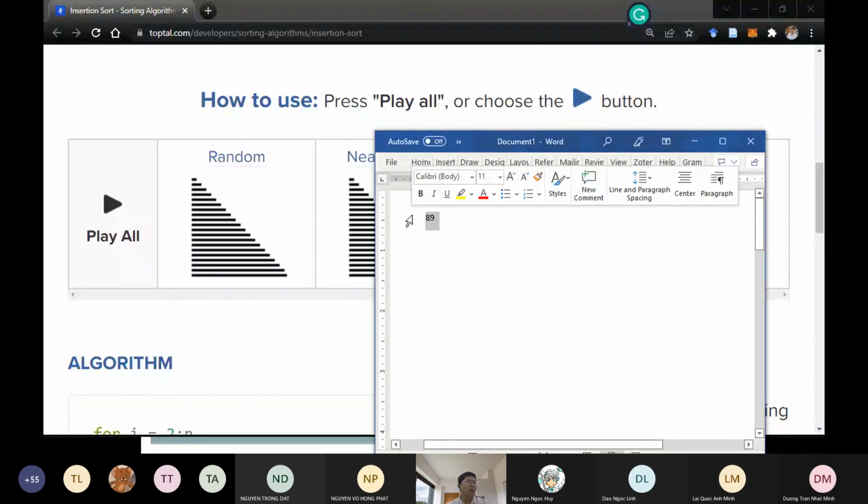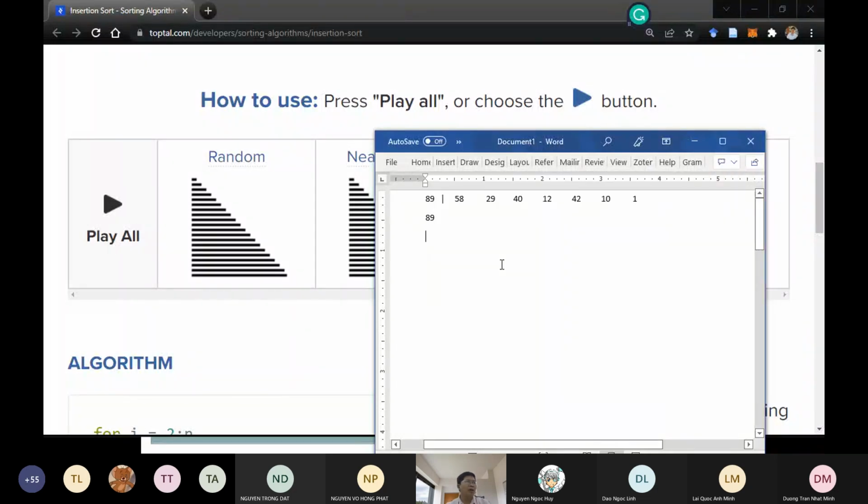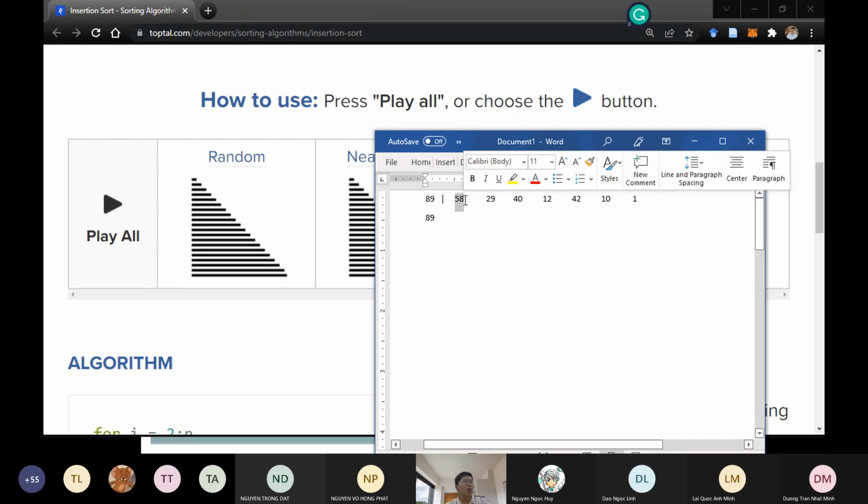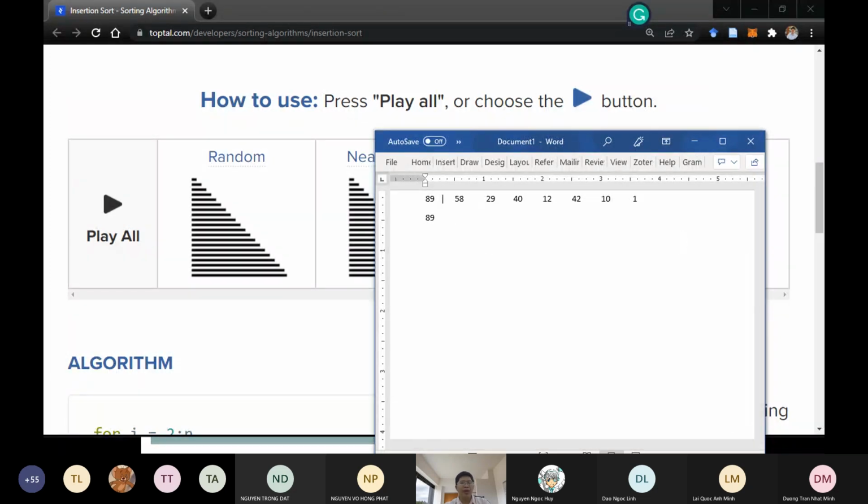Just compare these two numbers, and I will store this 58 somewhere, do the copy, and put it there. Then compare, and next time copy it there.